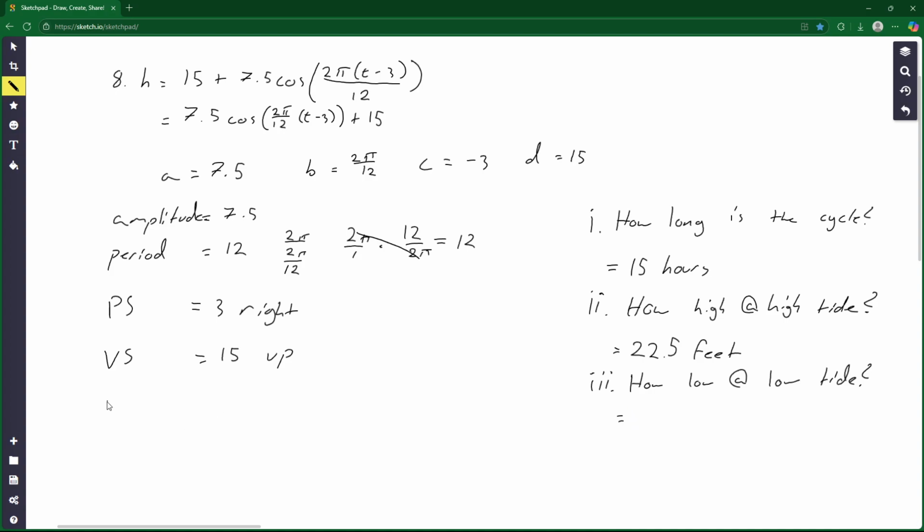That is going to equal, well, let's see, going up 15, amplitude is 7.5, so 15 minus 7.5 would be 7.5, I believe. Yep. And that is it for number 8.